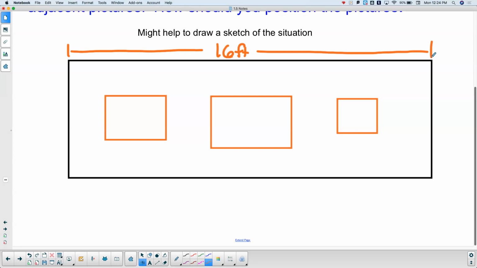Then it told us that the 3 pictures were each 3 feet, 4 feet, and 2 feet.